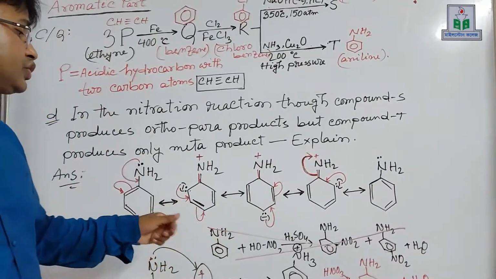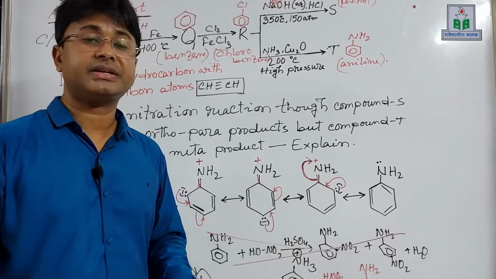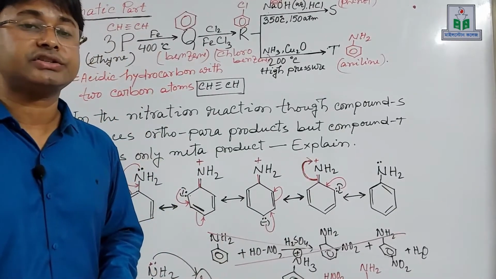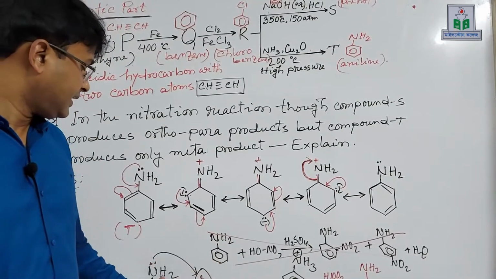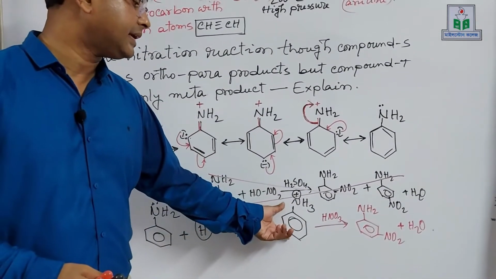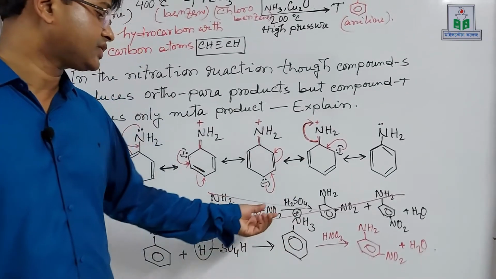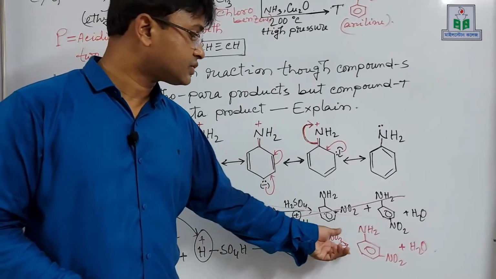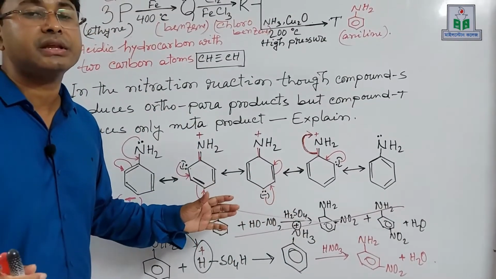That's why it should produce orthonitroaniline and paranitroaniline, but in reality it does not happen because aniline initially reacts with sulfuric acid to produce the anilinium ion. This anilinium ion is meta directing, that's why it reacts with nitric acid to produce metanitroaniline. That's all about this creative question.